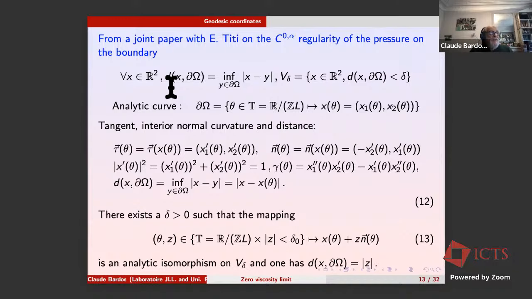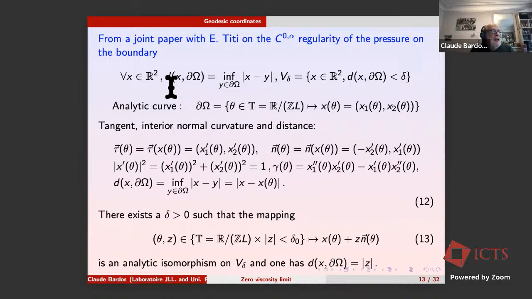Now I need to flatten the boundary condition. And I really use the idea that in dimension 2, any open set by a conformal mapping can be transformed into another one by an analytic transformation which preserves the angles. So there is no wonder that I can make the boundary omega a circle.